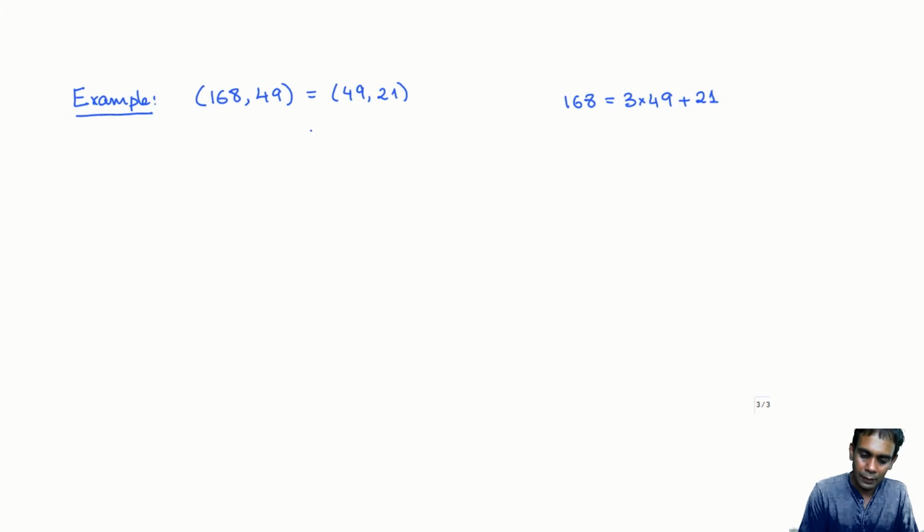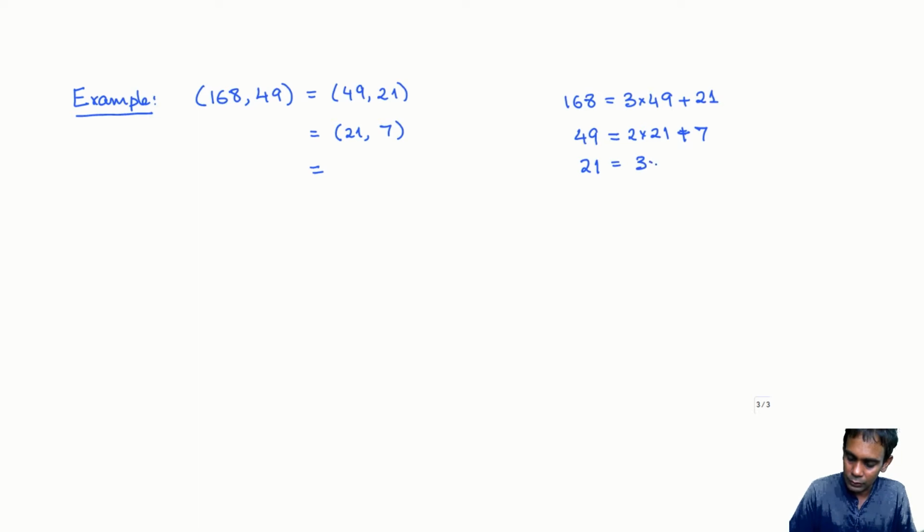And now how does 21 go into 49? 21 into 2 is 42 plus 7. So I can write this as 21 and 7. And then what about 21?